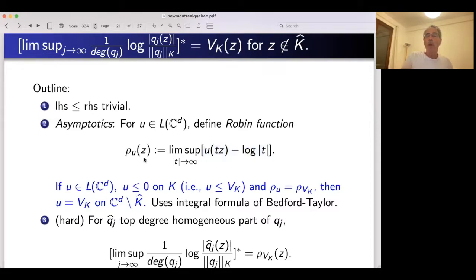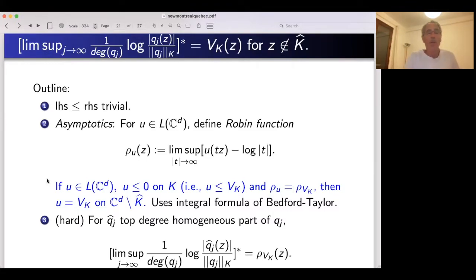So a priori, think of this as defined on the unit sphere, but with my definition here, it's actually logarithmically homogeneous and gives you a function on all of C^d. But it obviously detects something about the asymptotics of your function u, its behavior out at infinity.